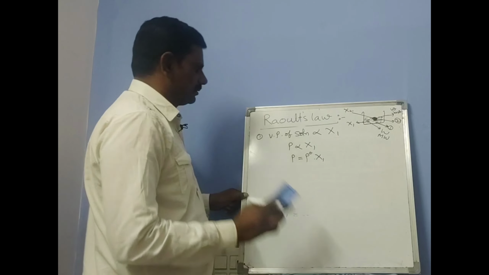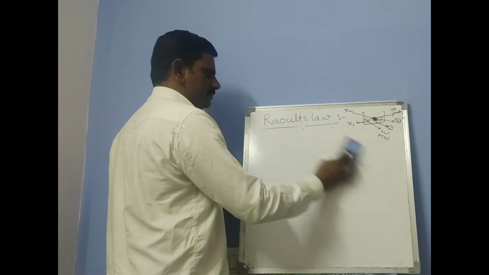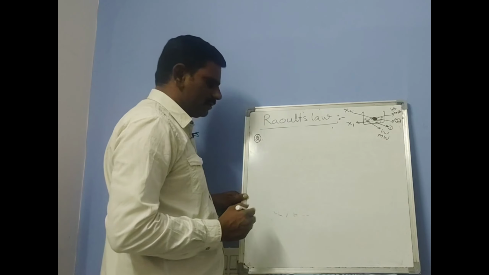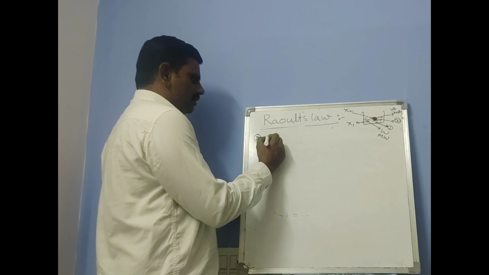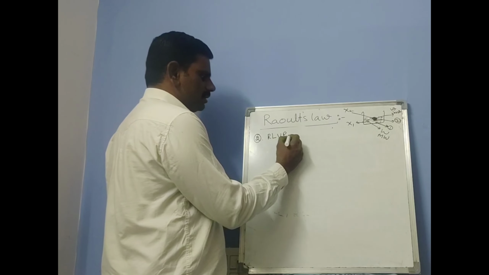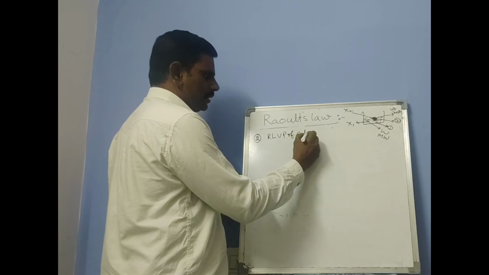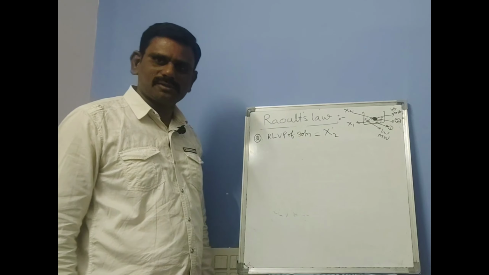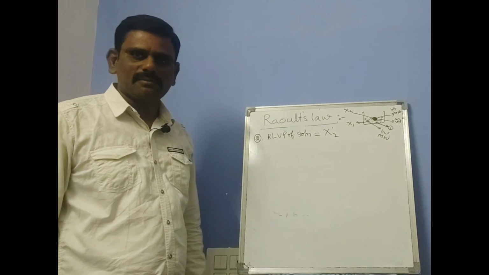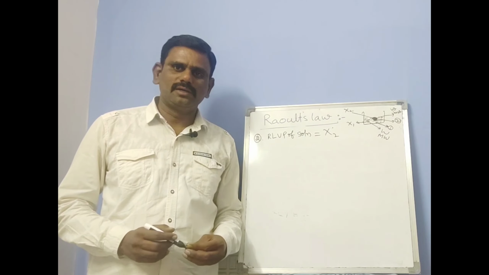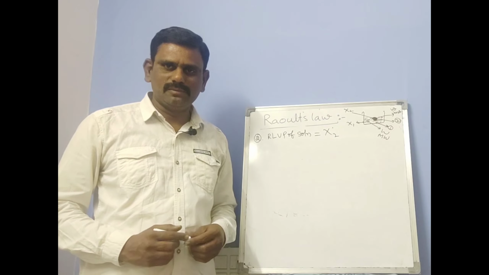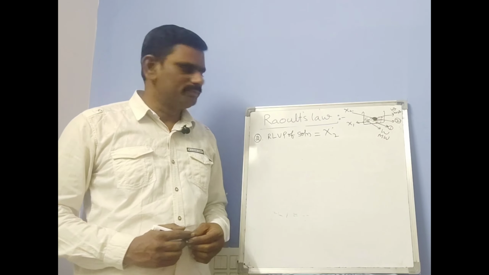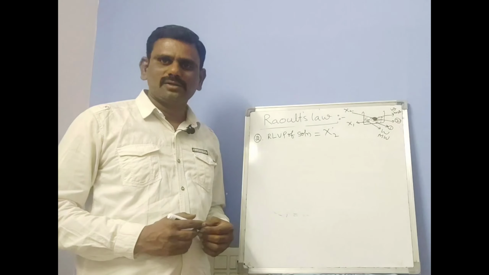The second statement of Raoult's law is: relative lowering of vapor pressure of a solution having a non-volatile solute is equal to the mole fraction of solute. Again, I am saying, relative lowering of vapor pressure of a solution having a non-volatile solute is equal to the mole fraction of solute.